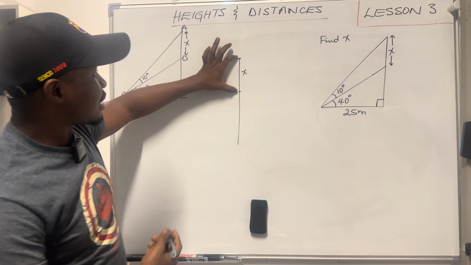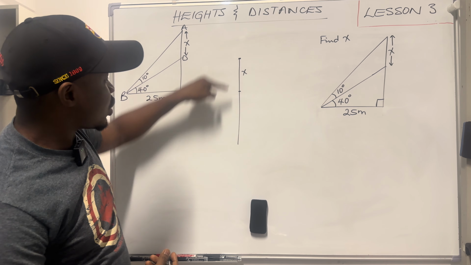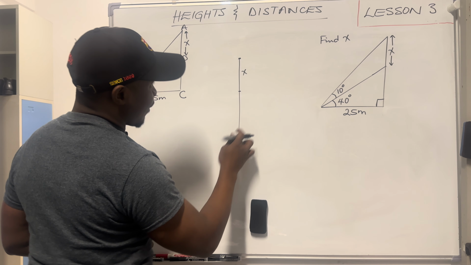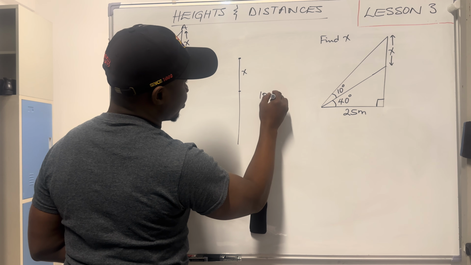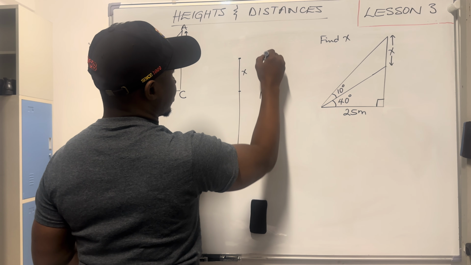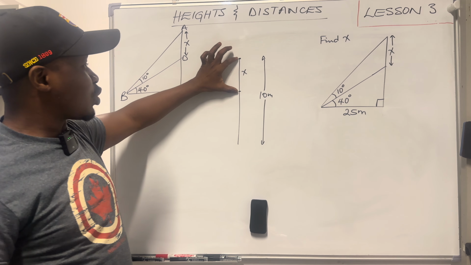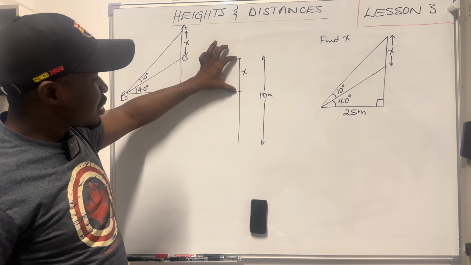Now, we want to know this. There is no way you can tell what is here if you don't know from this to this. Now, let us assume from this to this is 10 meters. But this is what we want. Can we tell what should be here?